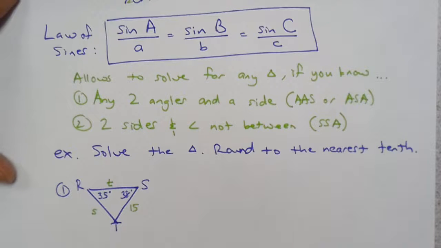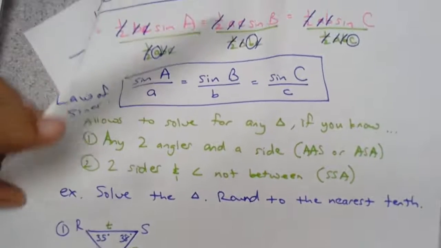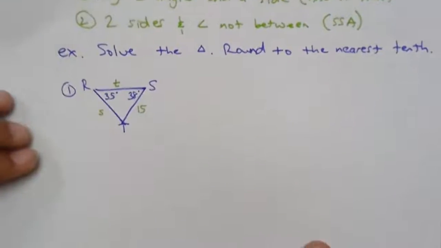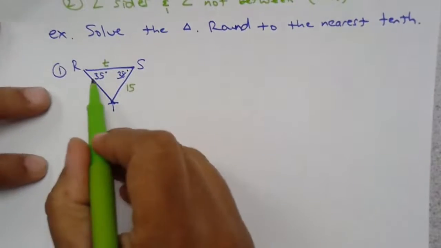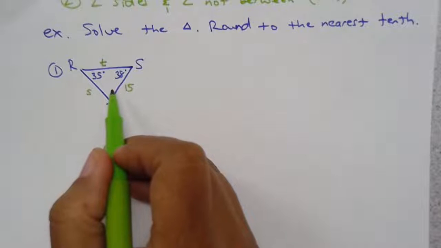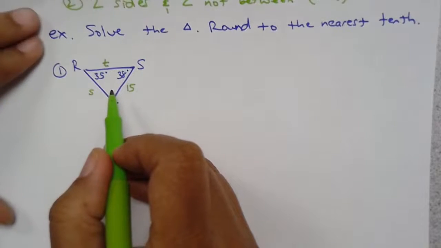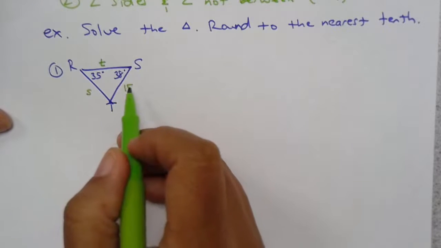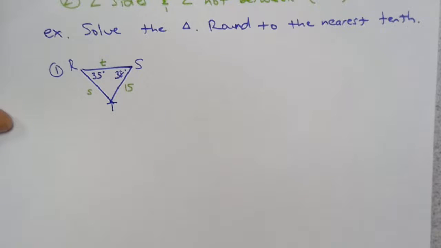So what we need to do is solve for the triangle. When it says solve for the triangle, that finds all the angles and all the sides. And if you take a look at what information is given, I have two angles. Knowing two angles means I can find that third angle. Because what do all three angles of a triangle add up together to be? They add up together to be 180.